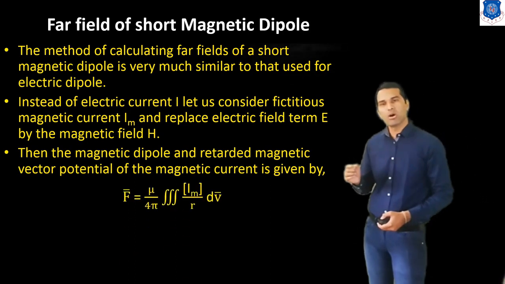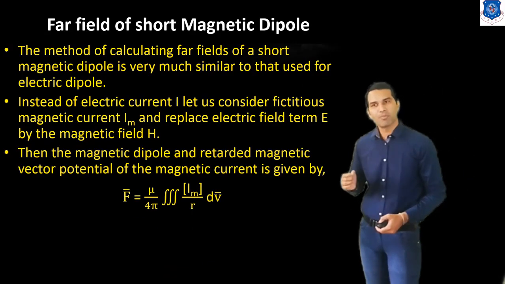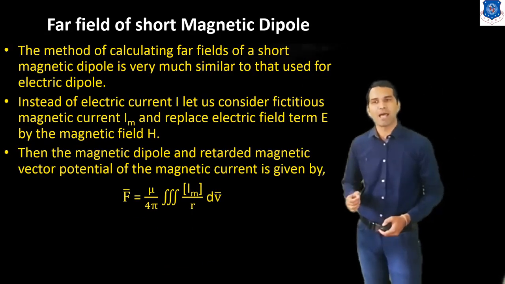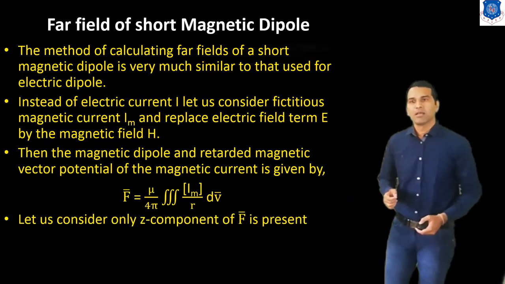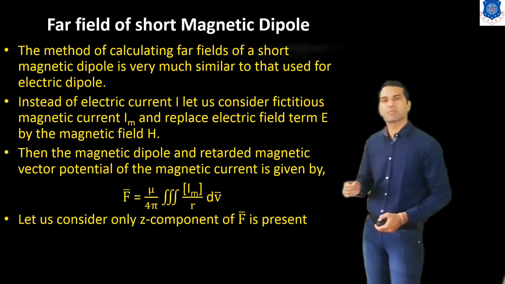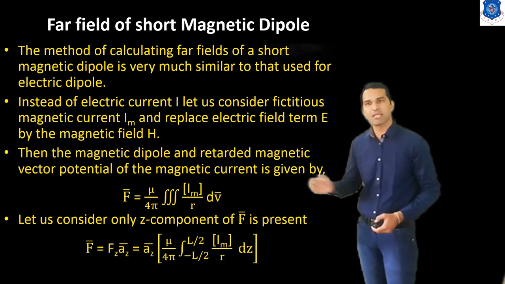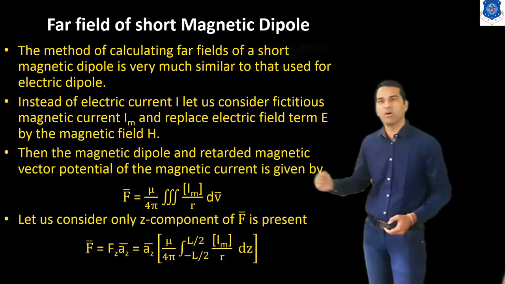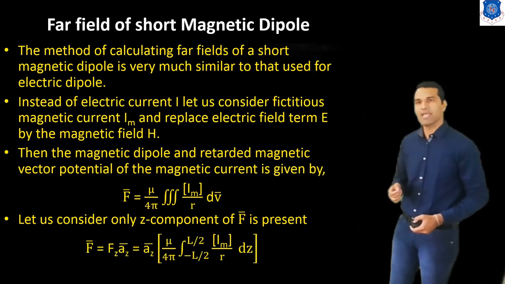F = ν/4π ∭ Im/R dV. Let us consider only the Z component of F to be present. Then we can write F = Fz az.